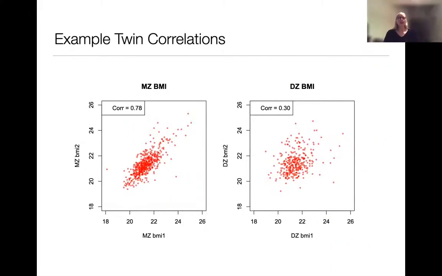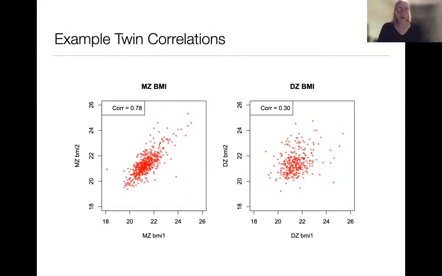So for the actual data that we have in this example, BMI, we notice, just by plotting the values for twin 1 versus twin 2 in MZs and separately in DZs, that the MZ correlation is about 0.78 and the DZ correlation about 0.30.